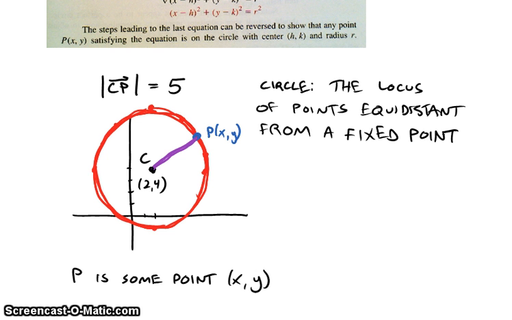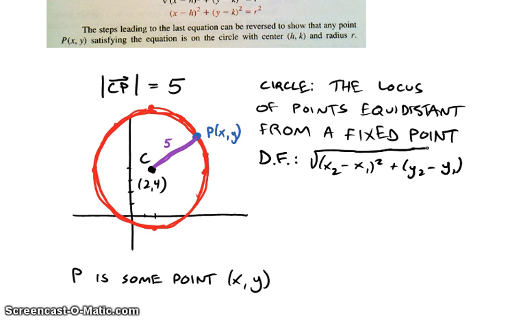Well, we just got done with 6.1 where we used the distance formula quite a bit. The distance formula is a way of defining the length between 2 points. The distance formula is just the square root of (x2 minus x1) squared plus (y2 minus y1) squared. This comes directly from the Pythagorean theorem.